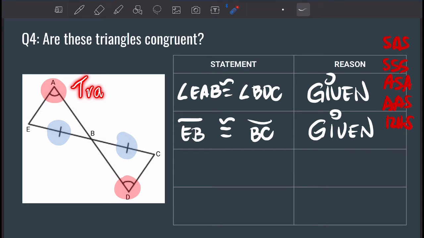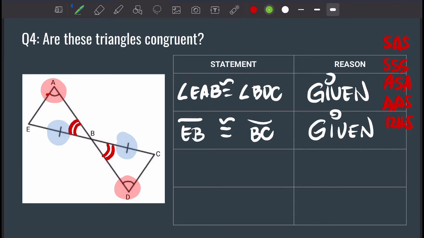That's why your transversals are very important. If you look at this, we know that these two angles are congruent, so I'll put two strokes because there's one stroke being used here.